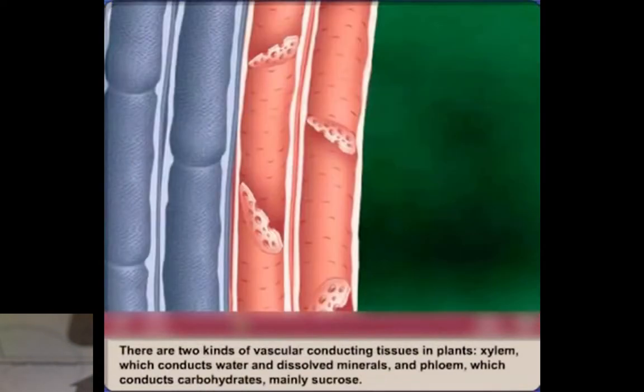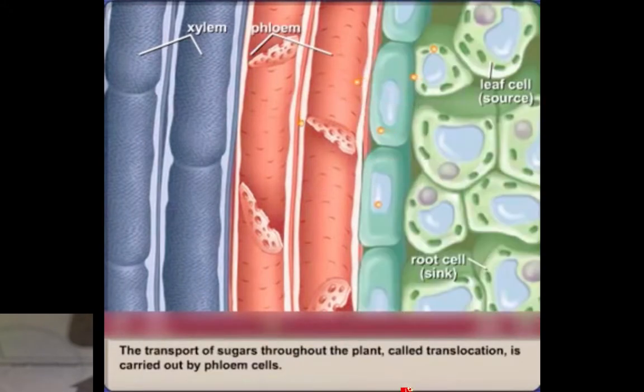There are two kinds of vascular conducting tissues in plants: xylem, which conducts water and dissolved minerals, and phloem, which conducts carbohydrates, mainly sucrose. The transport of sugars throughout the plant, called translocation, is carried out by phloem cells. Phloem cells are connected to one another end to end by sieve plates.